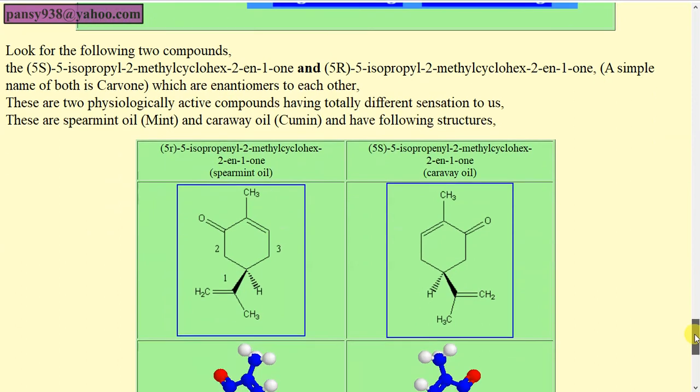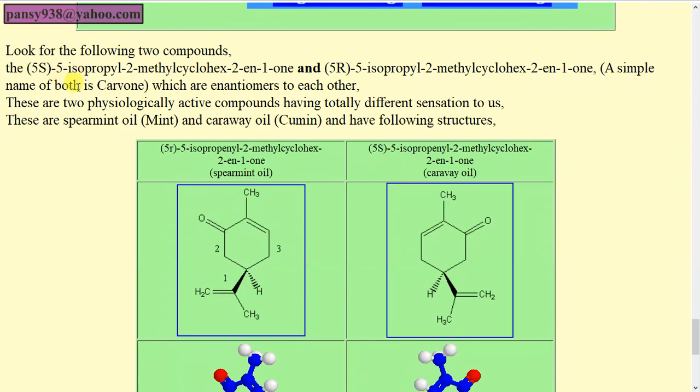Similarly, you may have seen two compounds, the mint and the cumin. We have preparations, spearmint oil from the mint and caraway oil from the cumin. Both of these have the compound carvone.